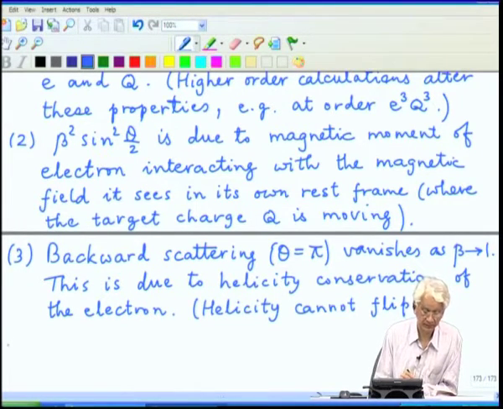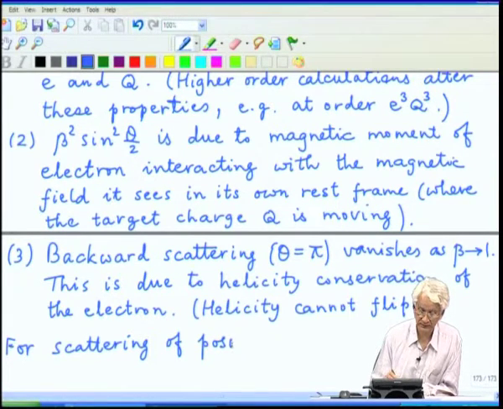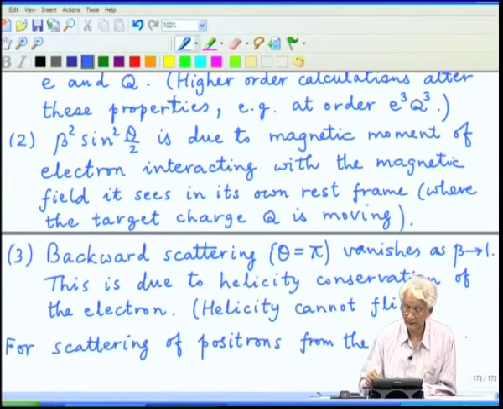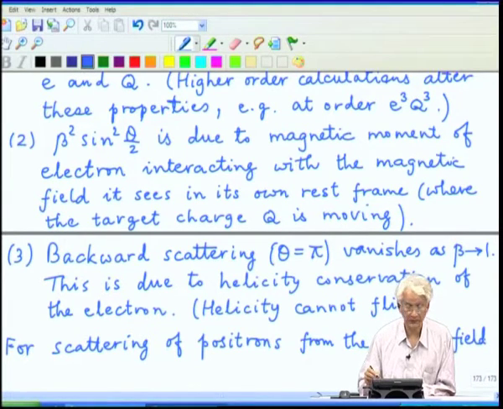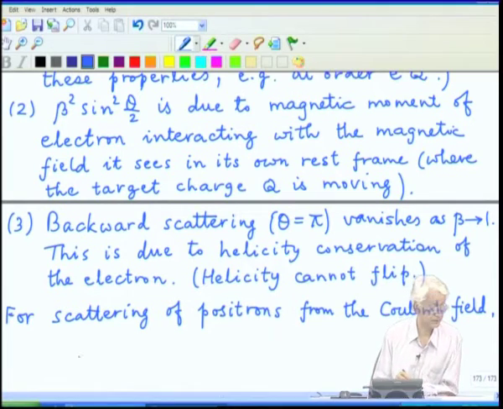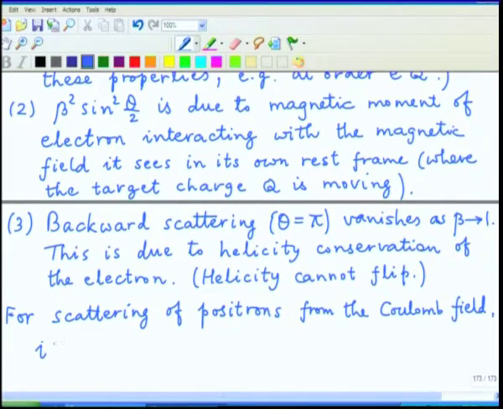One more thing I can add is the description of the same process, with just a little different notation. For scattering of, say, positrons from the Coulomb field, we have the same structure for all the kinematic properties, but the amplitude looks a little different because the wave functions are a little different.